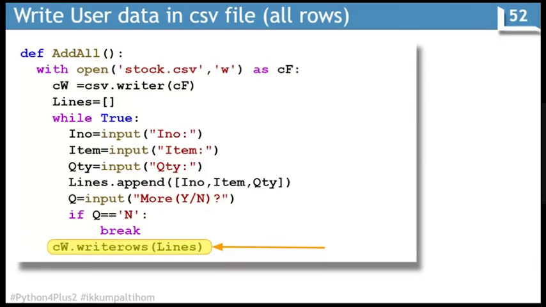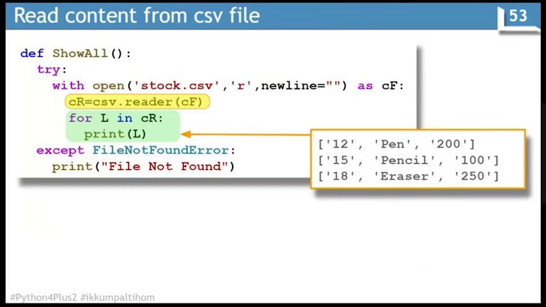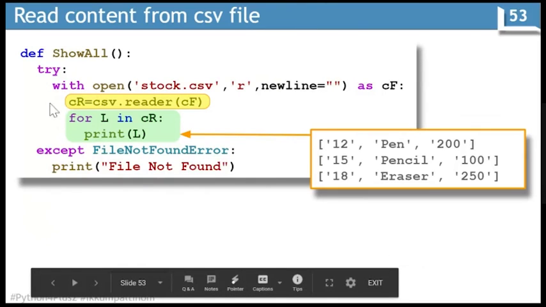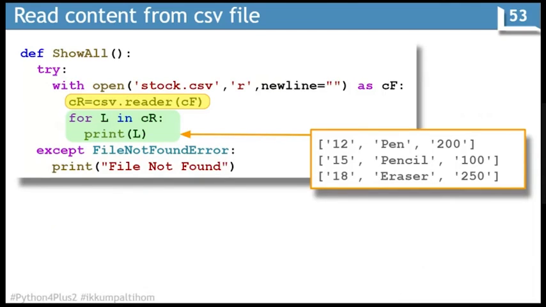In this, we can add all rows in one go. This is how you will be retrieving the data from the CSV file. You will make use of cr equal to csv.reader, and then with the help of for L in cr, we'll be retrieving each row of the CSV file.